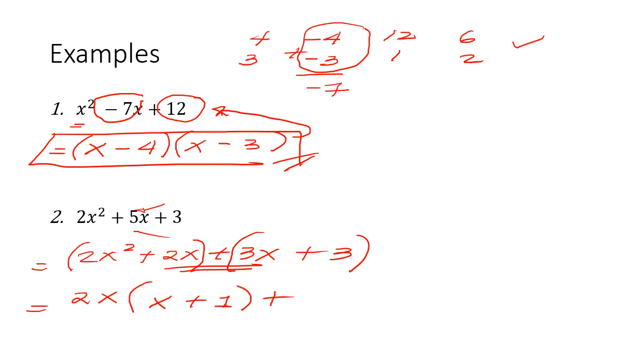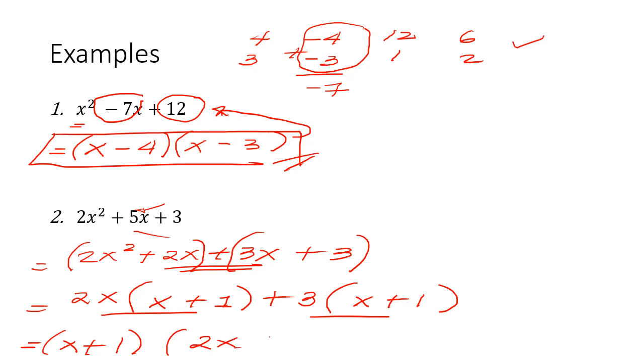Then, on the second group, I could factor out 3. So I have 3 times the quantity x plus 1. And with these two terms, the common factor is x plus 1. So I could factor out x plus 1, and then I have left 2x plus 3. So this is now the factored form.